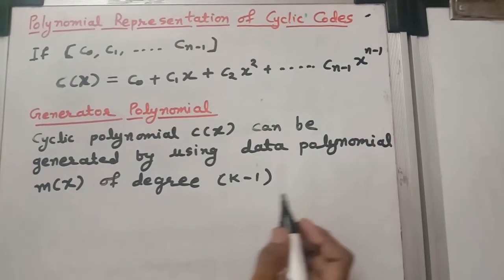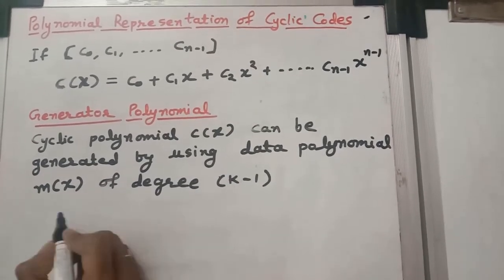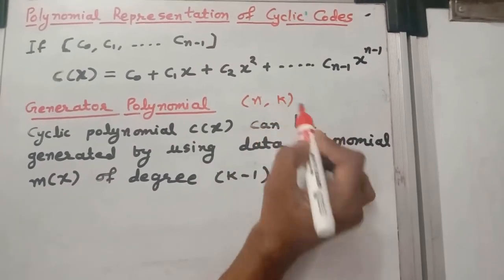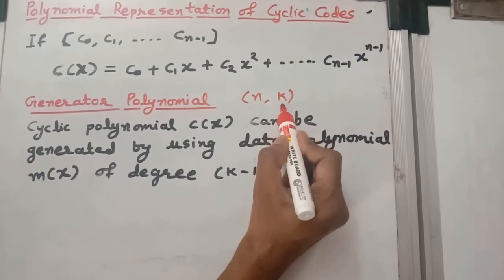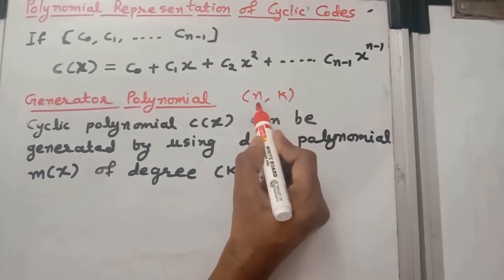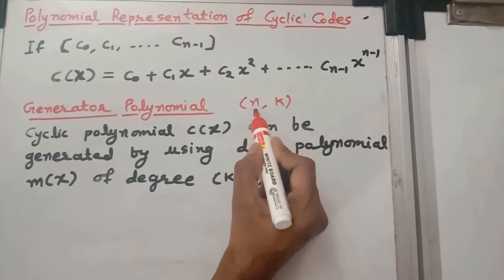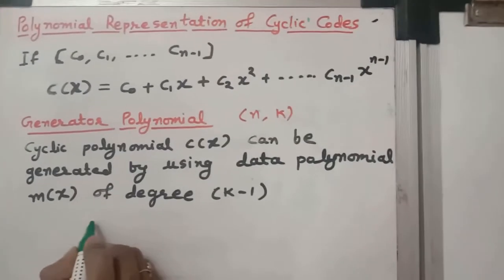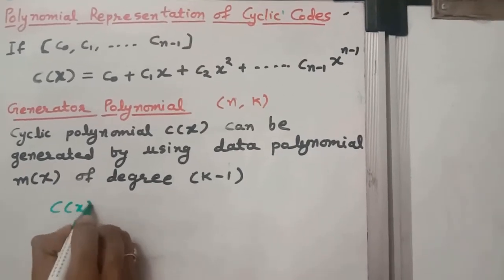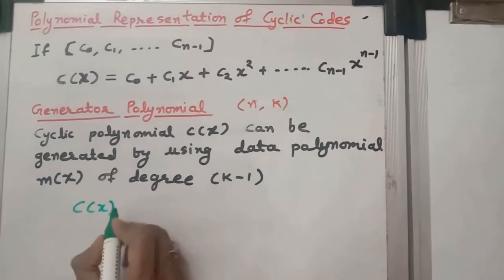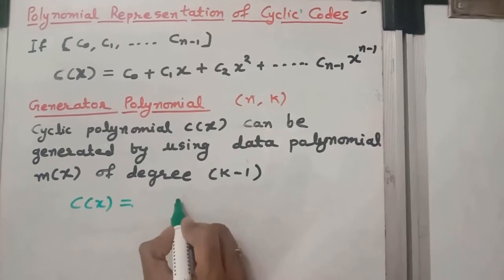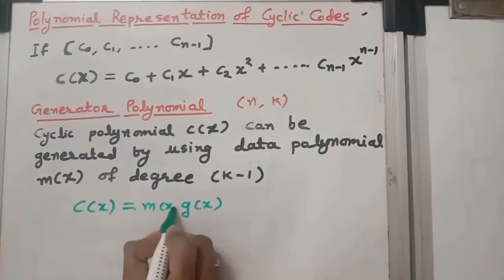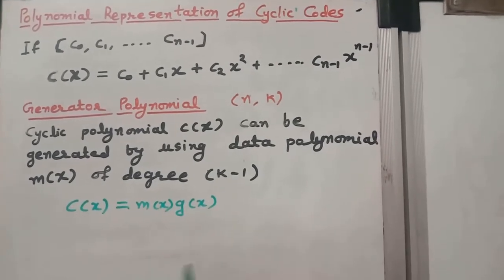Why this k minus 1? Because we consider the cyclic code of (n, k), where k is the number of message bits and n is the total number of bits in the code word including the parity bits. To get c of x, that is the cyclic code polynomial, we can use the generator polynomial g of x and m of x, that is the message polynomial.